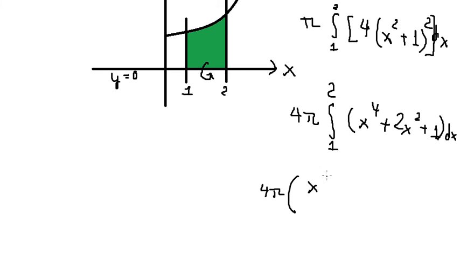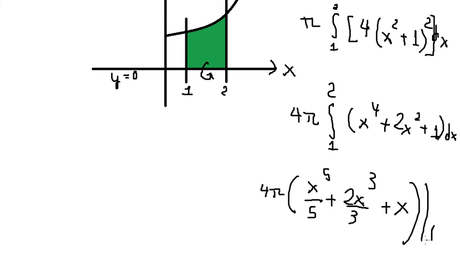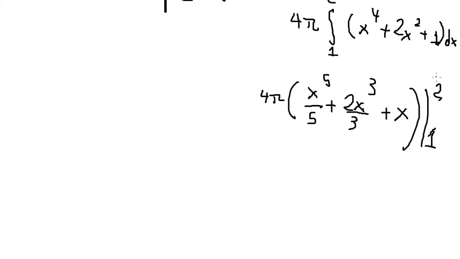That's x to the power of 5 over 5 plus 2x to the power of 3 over 3, and number 1, that's x. So we have the bounds from 1 to number 2. And we put number 2 going here, number 1 going here.